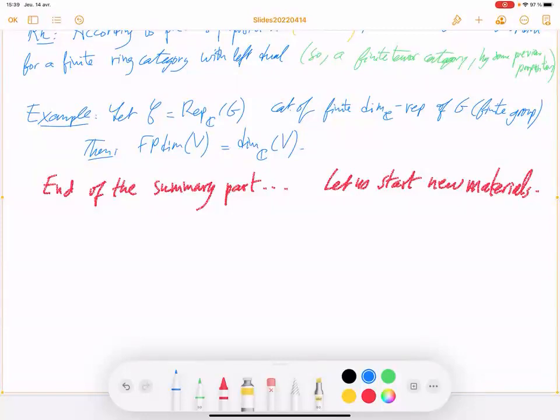In fact, when it is the same, the category is called pseudo-unitary. So the title of the new section in the book is called Quantum Trace, Pivotal and Spherical Category.